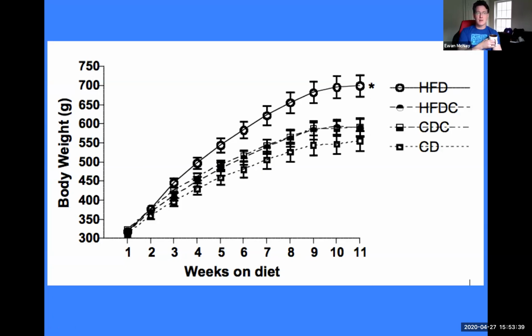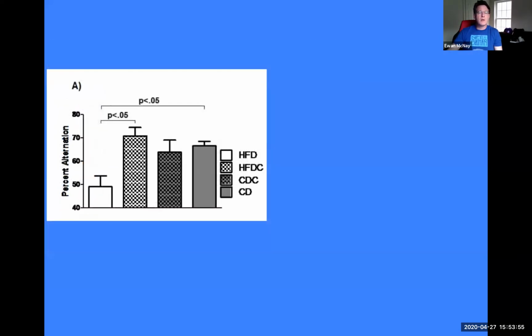Completely prevented the weight gain, completely prevented the obesity in the high-fat diet group. This was really strong confirmation that you're getting a direct reversal and direct blockade of some of these negative consequences of a high-fat diet. We wondered whether it was going to be cognitively effective, and the answer is absolutely yes.